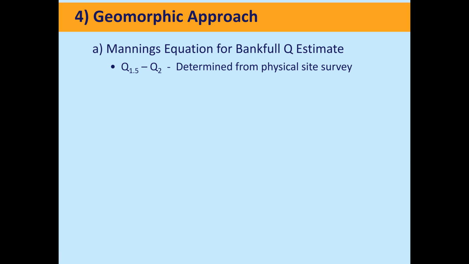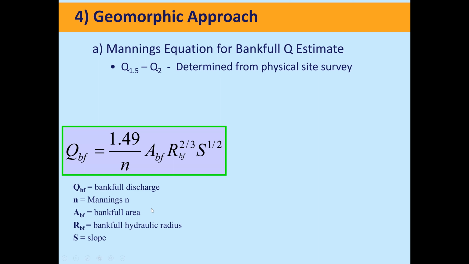You can take what you collect, like the bankfull area and the hydraulic radius and the slope, and an estimate for Manning's n from your grain size to back out what a bankfull discharge might be. And this can be a really good check on some other flow estimation methods to see what the physical channel that you measured is telling you, about something between a Q1.5 and a Q2.